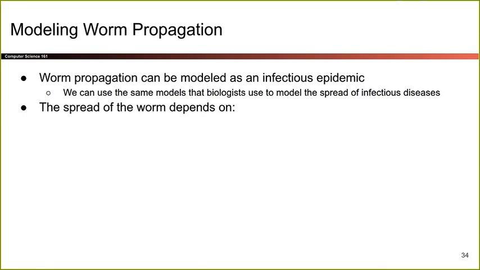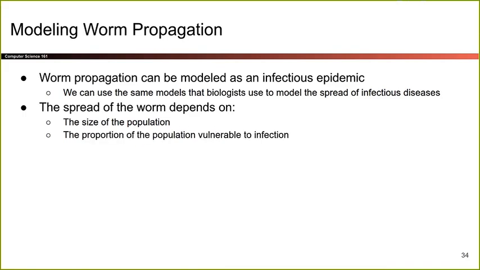So if you think about it, the spread of the worm depends on the size of the population, how many computers or how many humans there are. Also, how many of them are vulnerable to infection? Maybe in a disease like a coronavirus, older people are more vulnerable to infection.